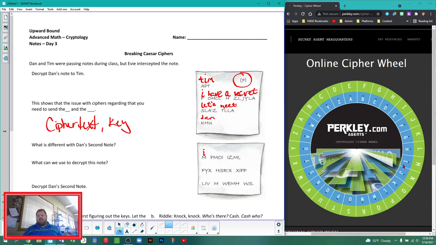It says I, P, L, M came from I, O is K, and I is E. It says I like. Well, that could make sense. Go ahead and use that to decipher the rest of this, to decrypt the rest of this message, setting M coming from I.